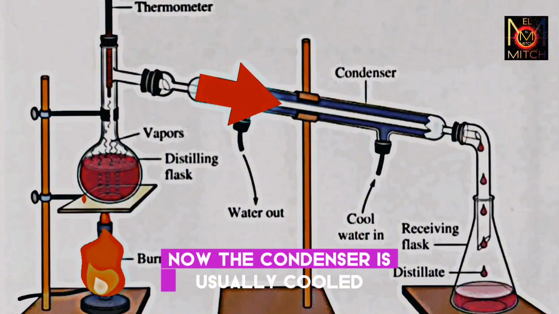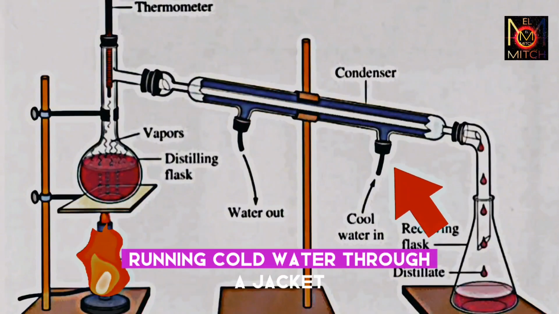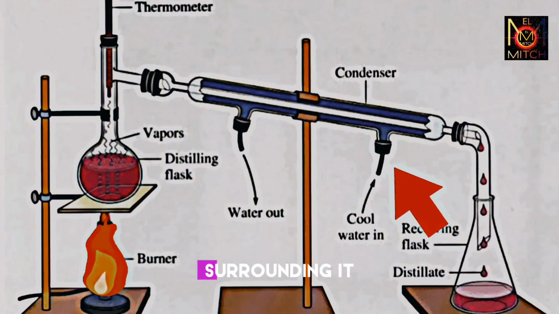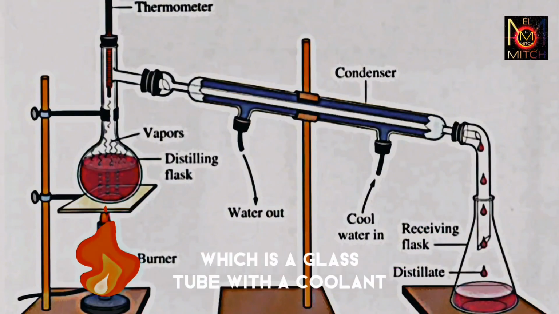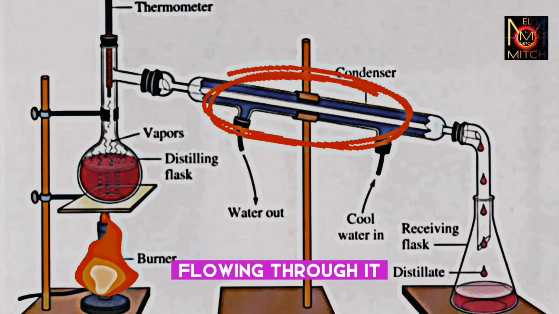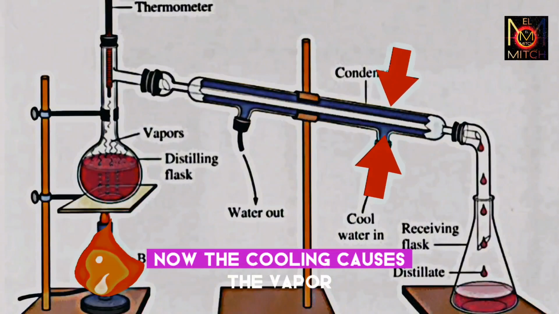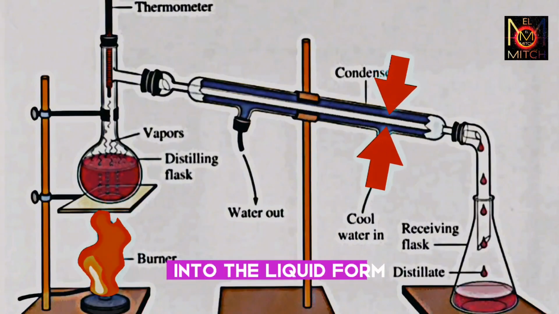The condenser is usually cooled, either by running cold water through a jacket surrounding it, or by using a cold finger condenser, which is a glass tube with a coolant flowing through it. The cooling causes the vapor to condense back into liquid form.